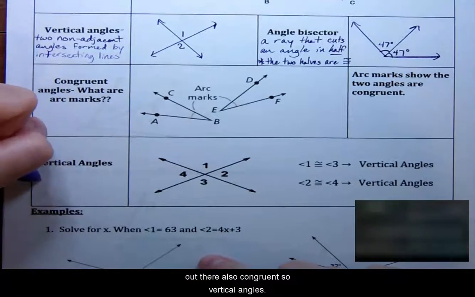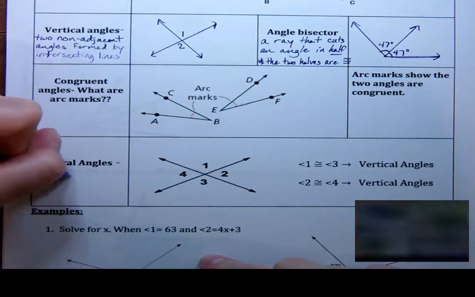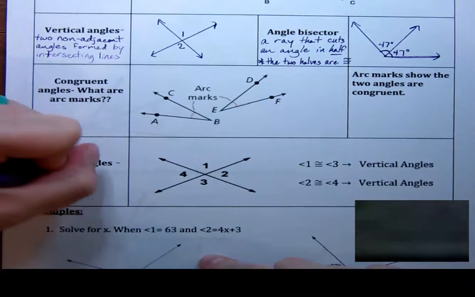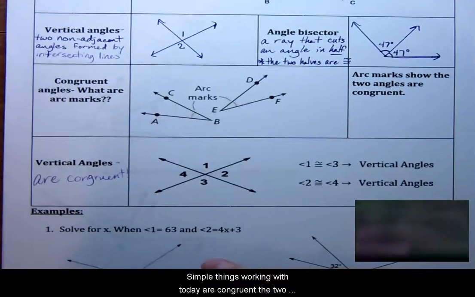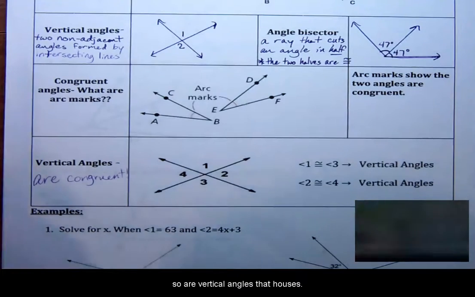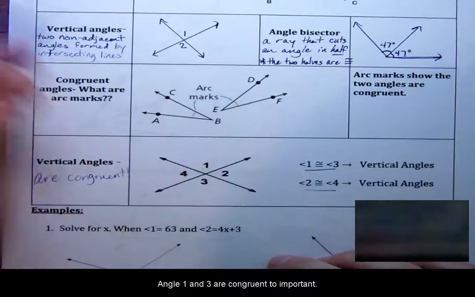So vertical angles, very important, are congruent. So both things we're working with today are congruent. The 2 angles formed using an angle bisector are congruent, and so are vertical angles. So that helps us with what we're doing today. So angle 1 and 3 are congruent, angle 2 and 4 are congruent.